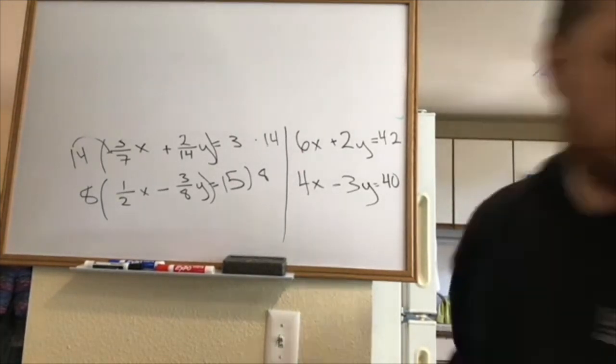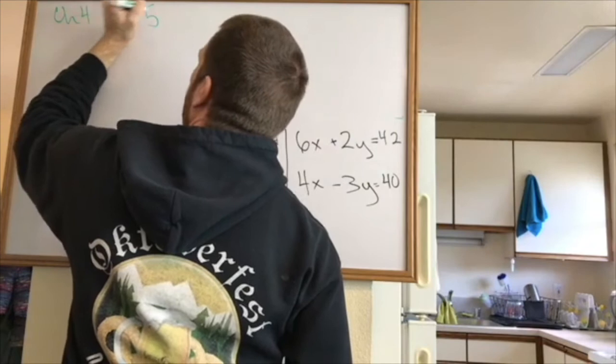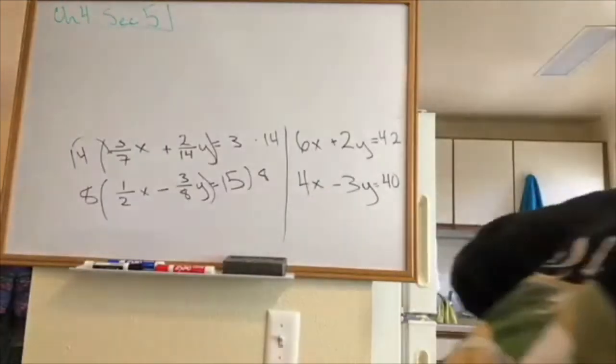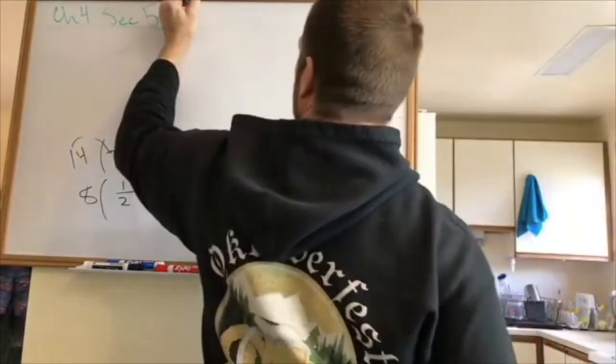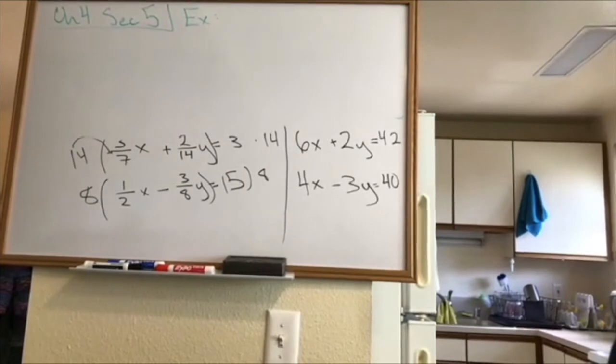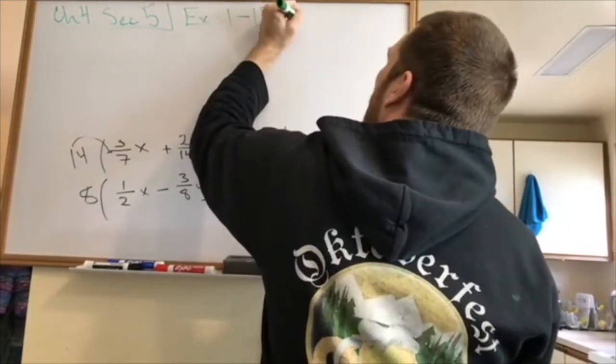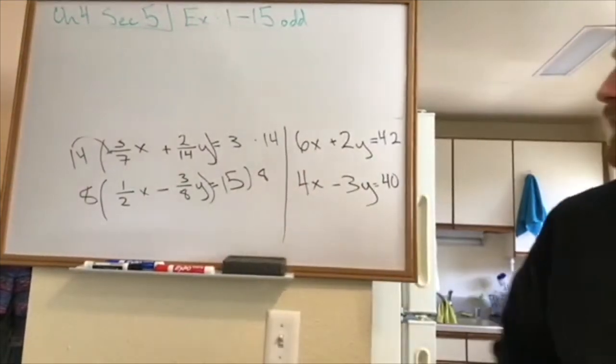So this is chapter 4, section 5 exercises. I want to do 1 through, I guess we'll do that one. 15 I don't like, but it's good. So 1 through 15 odd.